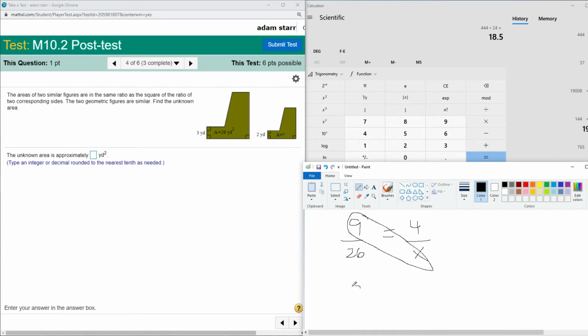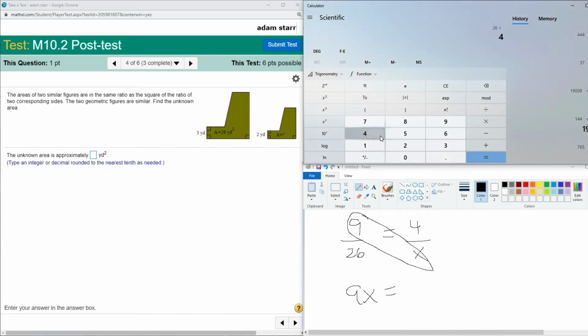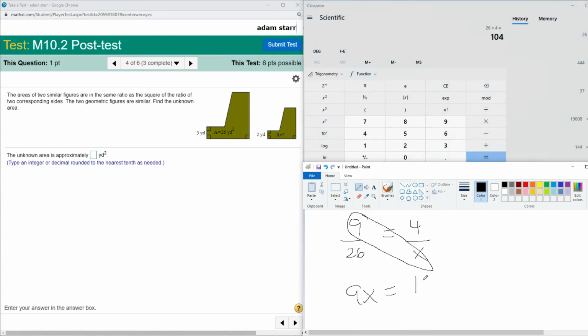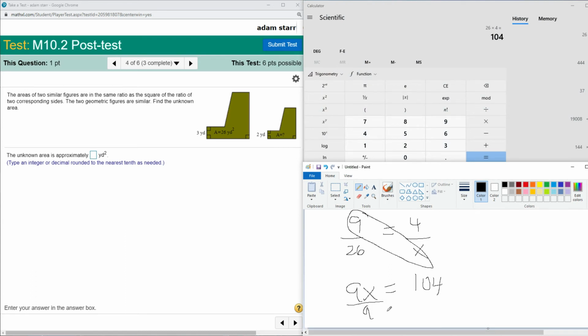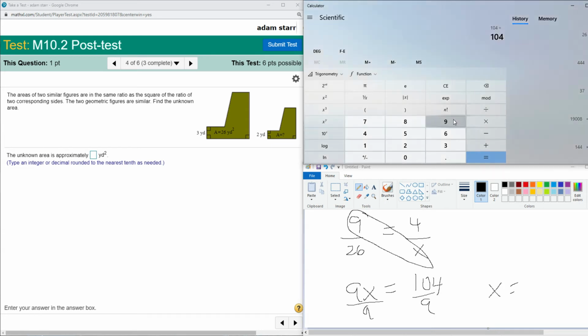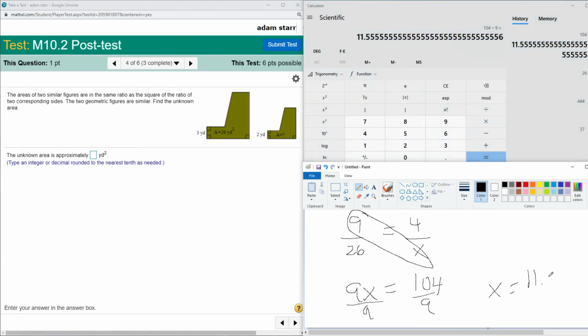So I have 9 times x, which is 9x, equals 26 times 4, which is 104. To solve this for x, I'm going to divide both sides by 9. So 104 divided by 9 is this decimal 11.5 repeating, 55555 repeating.